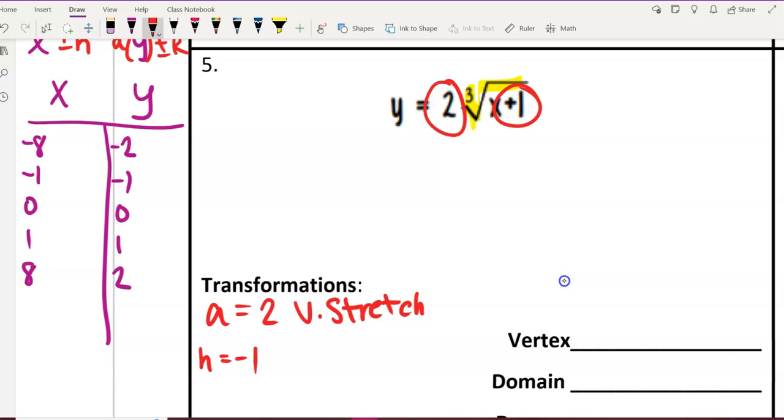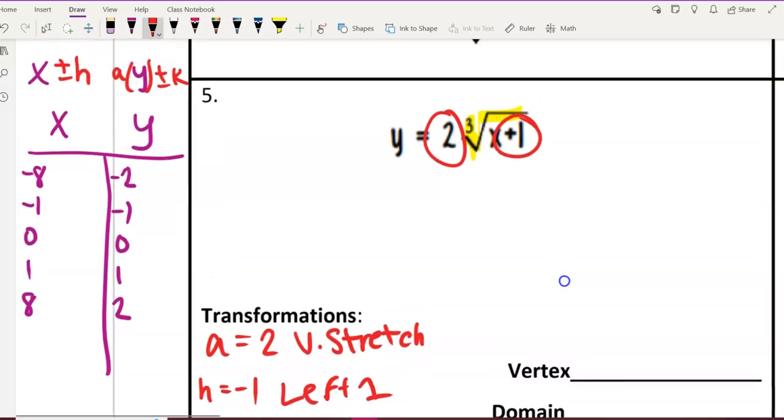Remember, x lies. So we are moving left 1. Now we're going to take the x values and add or subtract h, in this case -1. And for the y, we're multiplying by 2. There's no k, so all we're doing is multiplying by 2.